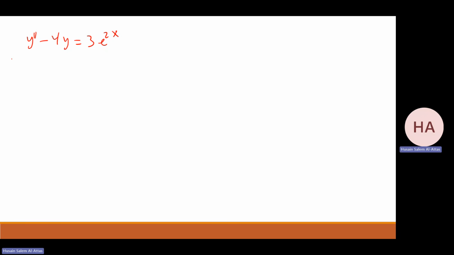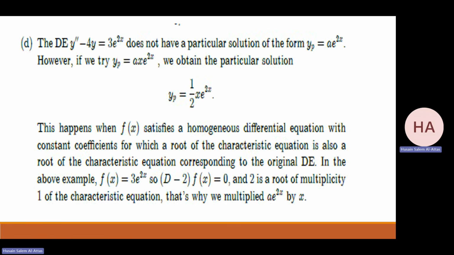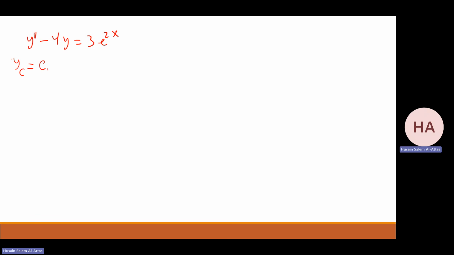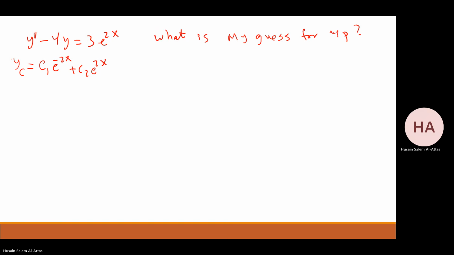I know how to solve the homogeneous. yc will be, I think we did it before, y double prime minus 4y, yeah, it is C1 e to 2x. So what is my guess for yp? Is it A e to x?